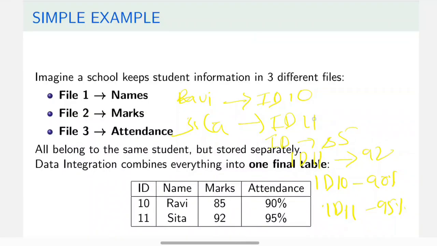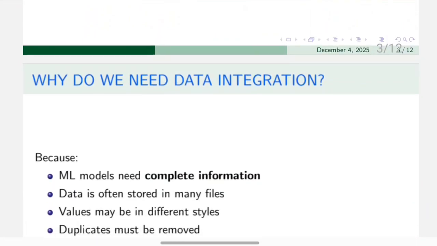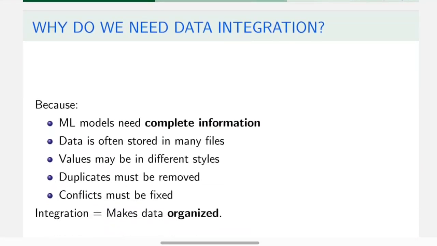It is tough for a machine learning model to learn from this. So we combine those results, because ID 10 and ID 11 are common everywhere, and ID 10 represents Ravi and ID 11 represents Sita. We combine them and write them in one file. Now all the information is in one place, right? This is much easier for a machine learning model to use. That is why data integration is very important.